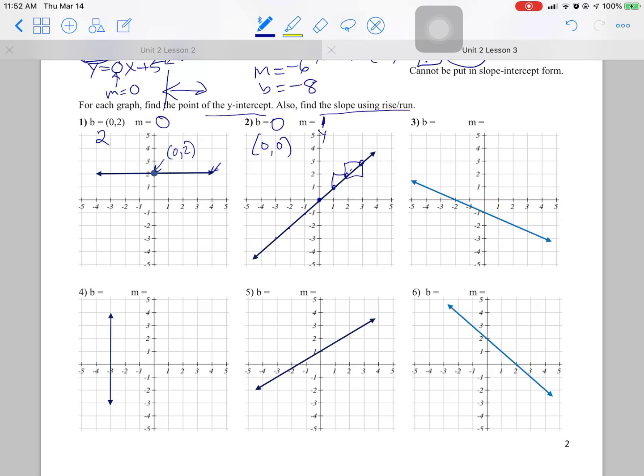Okay, let's look at number 3. Right here is your b, which is at what? It's a -1. It's at what ordered pair? If they wanted the ordered pair, it's 0, -1. Let's see, the slope, where does it go? It looks like it goes through here, here, here, here, any one of these places. So the rise is what? The rise is only 1, but you're going back.